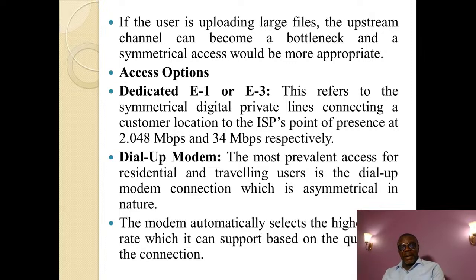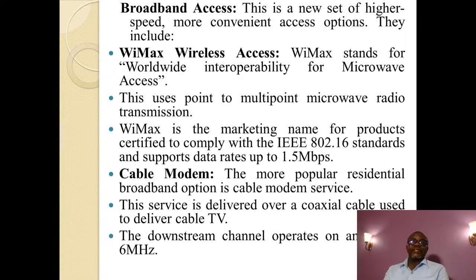So remember, if you have ever used a modem, when you connect it, it will be showing you, is it HSPA? Is it 2G? It will keep showing you different quality of connection, and whichever it sees is what it connects to.